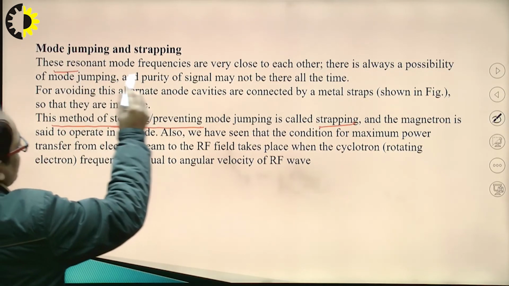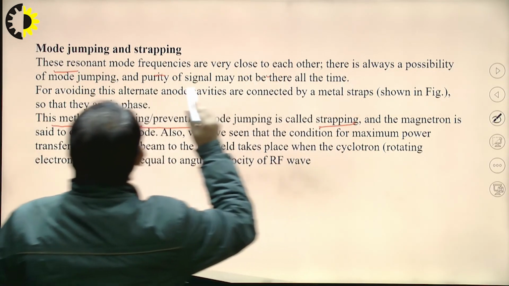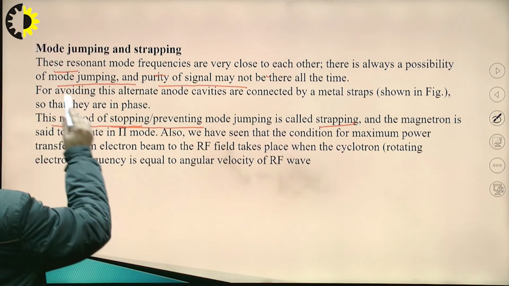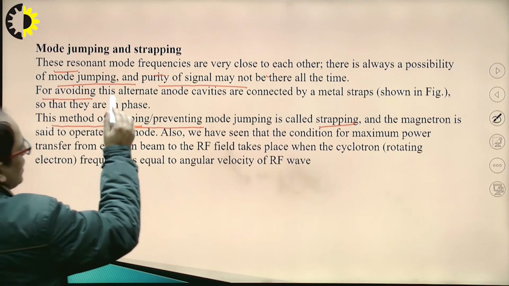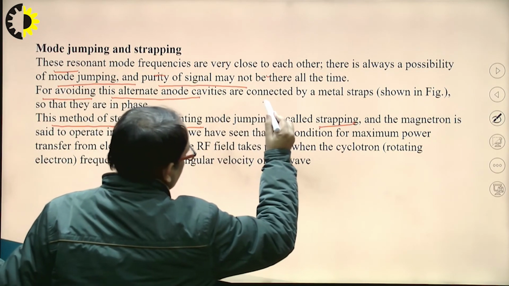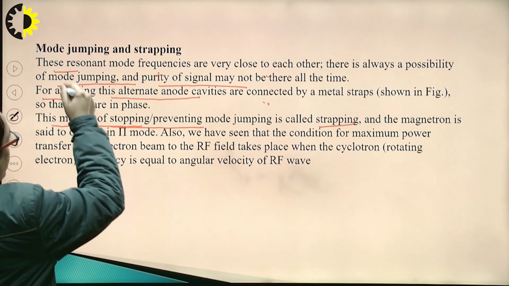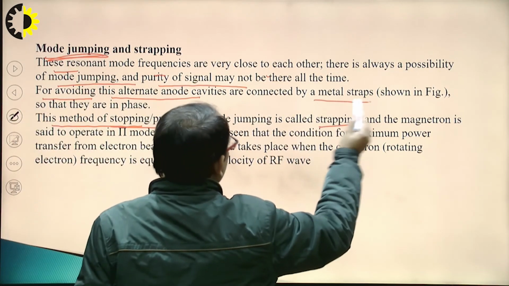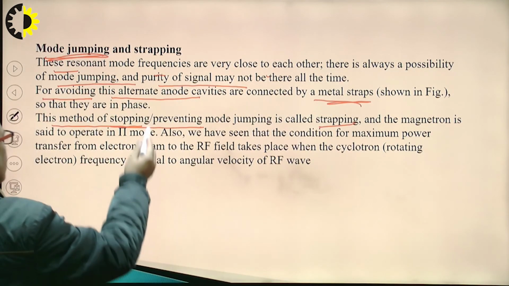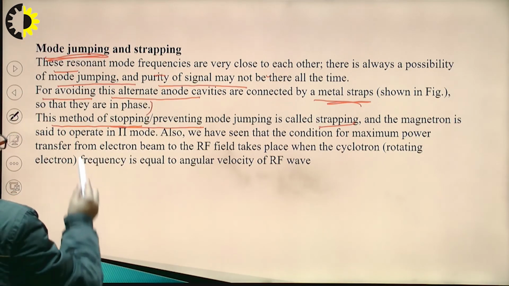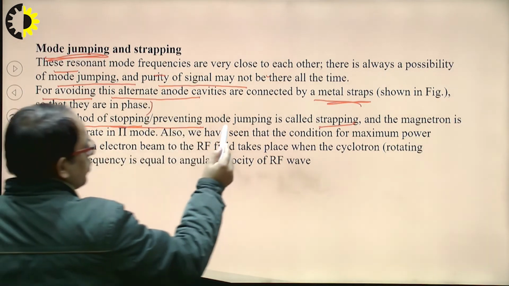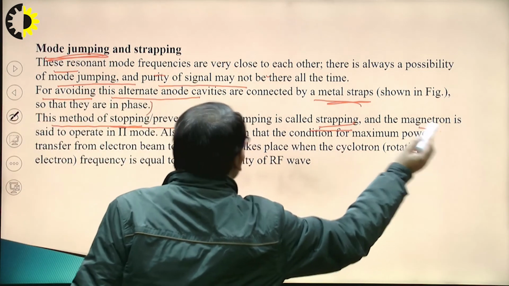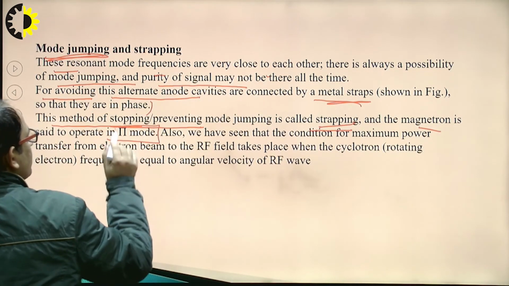The resonant cavity frequencies are close to each other, so there is always a possibility of mode jumping and loss of signal purity. To avoid this mode jumping, alternate anode cavities are connected by metal straps so that they are in phase. Clear? This method of preventing mode jumping is known as strapping, and the magnetron has to operate in the pi mode. Clear?